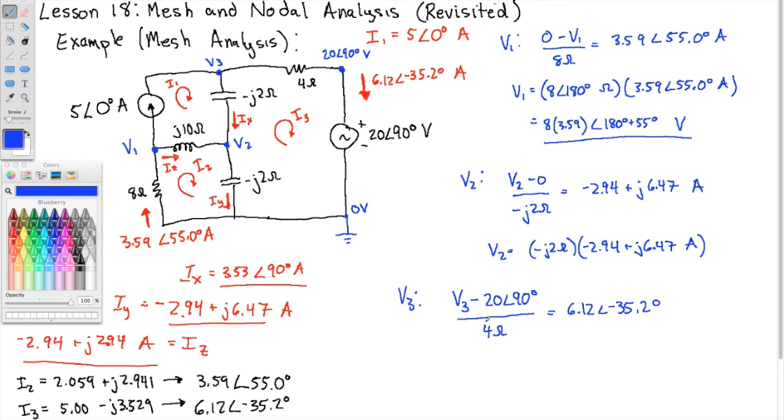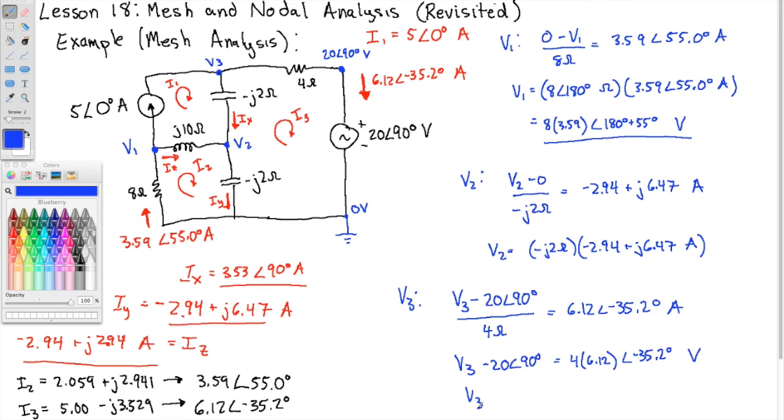Now let me multiply this, which is amps, by 4 ohms. 4 ohms is 4 angle 0, so when I do the multiplication, I've got 4 times 6.12 angle, still negative 35.2 degrees, and this is now volts because I took an ohm times an amp.